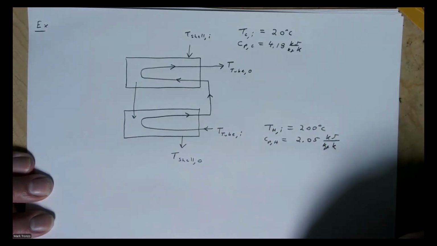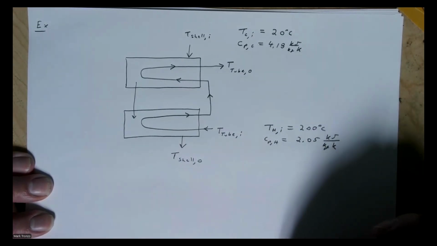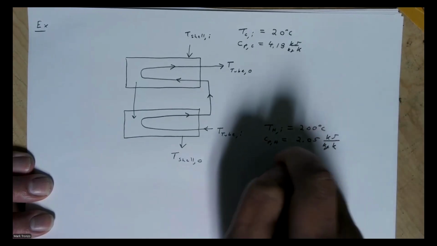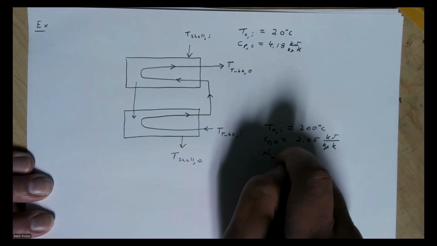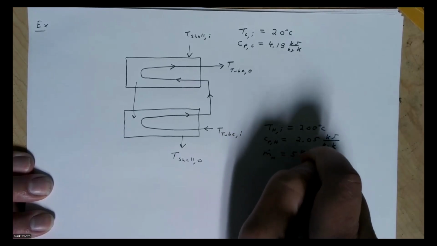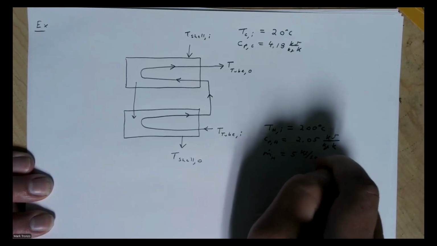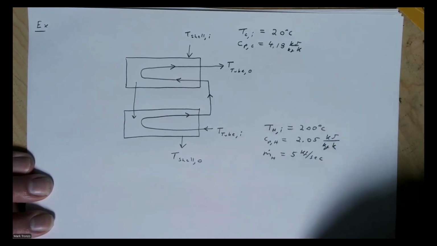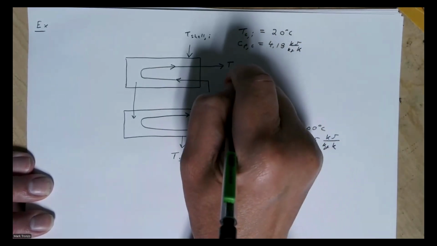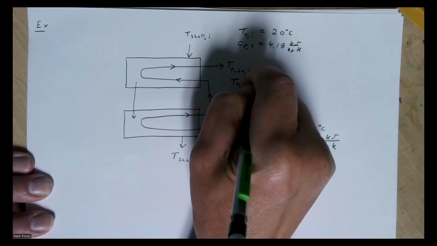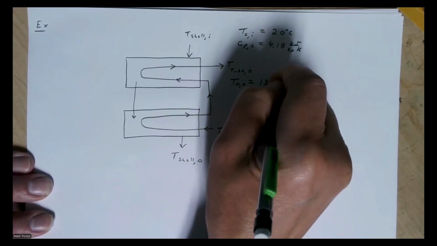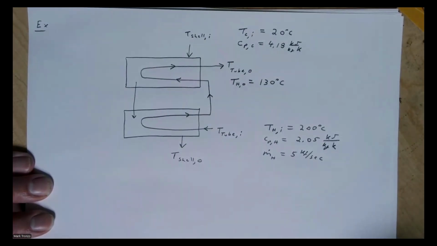And we do know the mass flow rate of the hot fluid. It is 5 kilograms per second. And we know the outlet temperature of the hot fluid, 130 degrees C.